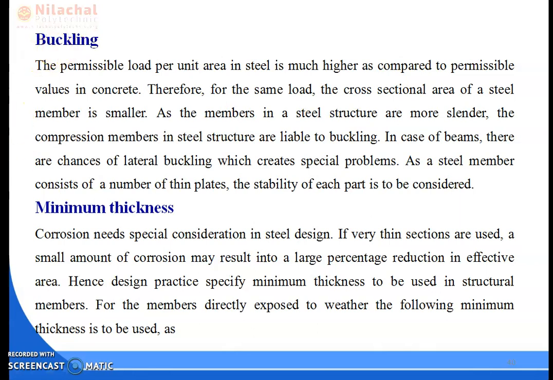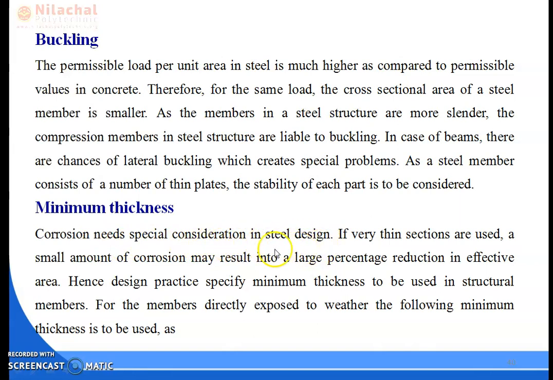Next one is minimum thickness. Any kind of rolled steel section or any member of steel has its specific minimum thickness. It is also a special consideration in the steel structure. Corrosion needs special consideration in steel design.